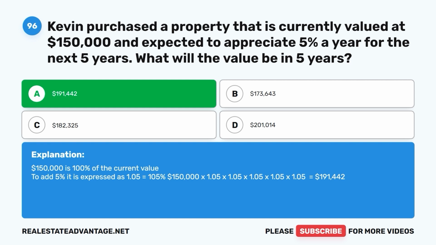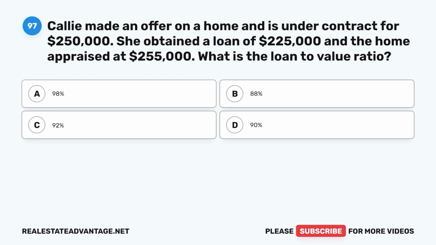To add 5%, it is expressed as 1.05 equals 105%. $150,000 times 1.05 five times equals $191,442.